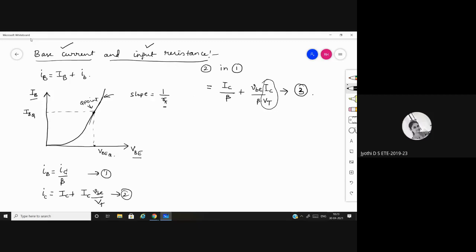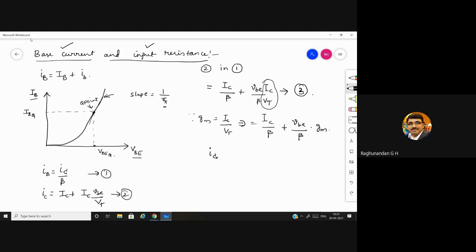GM. Yes. So now replace this, because GM is equal to IC by VT. This implies IC by beta plus VBE by beta into GM. Now we have obtained this.